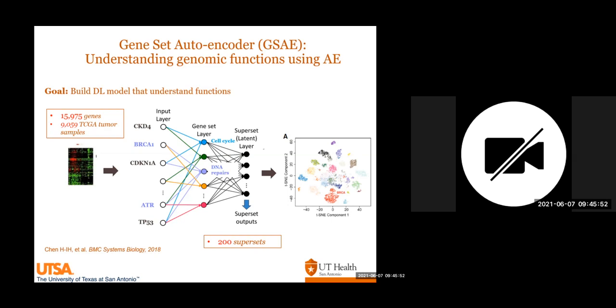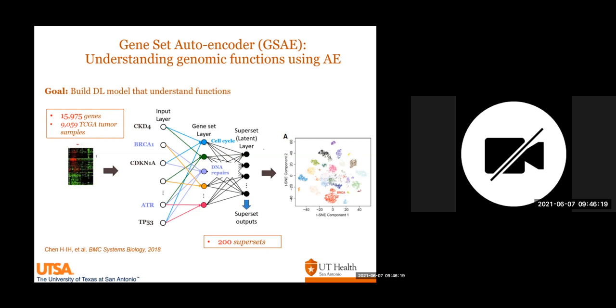As I mentioned to you, we have about 25,000 genes, and each gene produces a specific mRNA. So in this particular measurement, we have gene expression of 25,000 genes for each cancer patient.